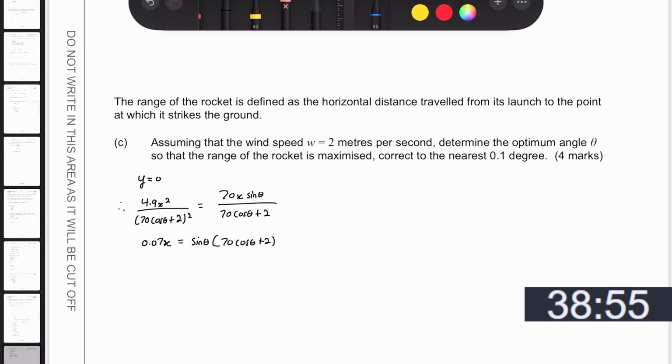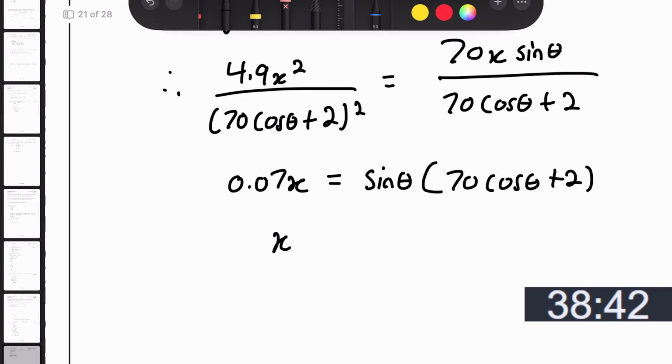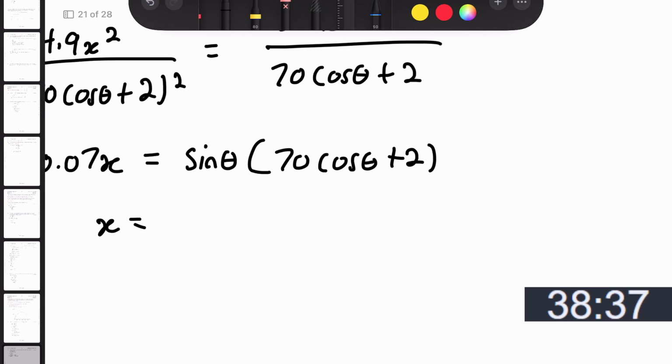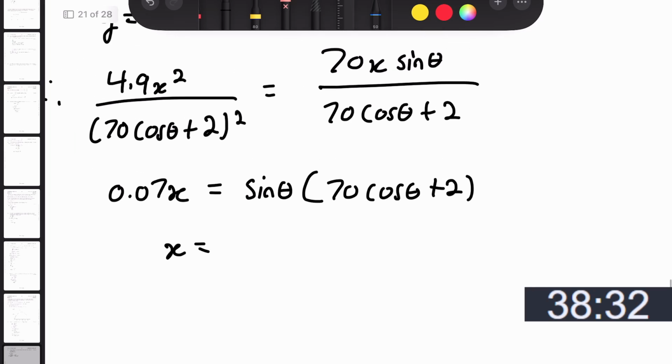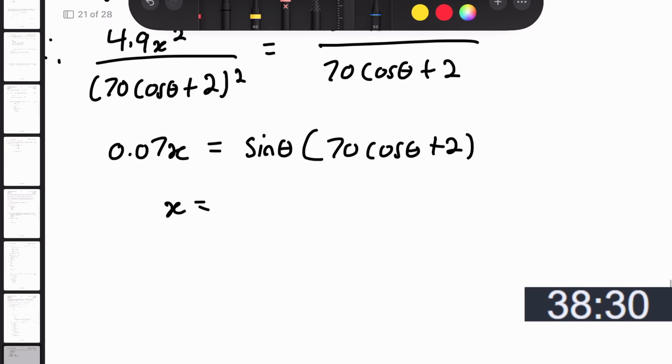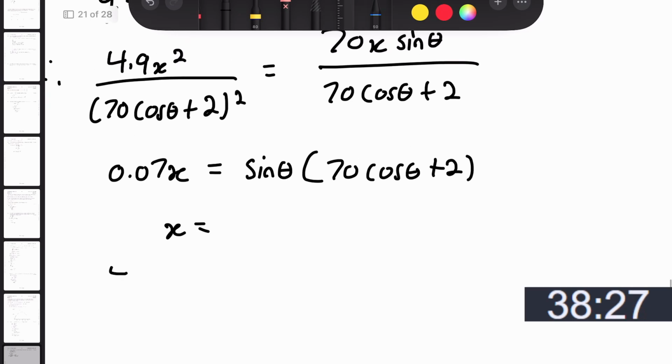So if I do dx d theta, oh no, okay, so let's say x is equal to this, 7 on 100, and that was 70.